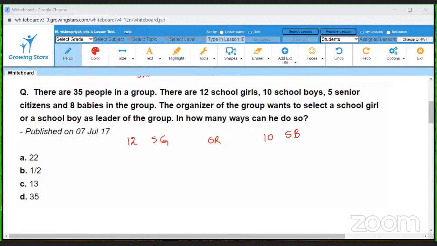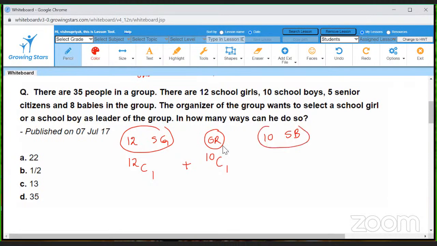So out of 12, you can select one leader in 12C1 ways, or you can select 1 boy from 10 boys. Because there is 'or', we are adding. When I select one leader from here, my work is over. This is not the first work, and this is not the second work. This is again another work.